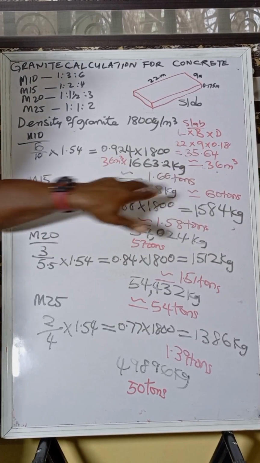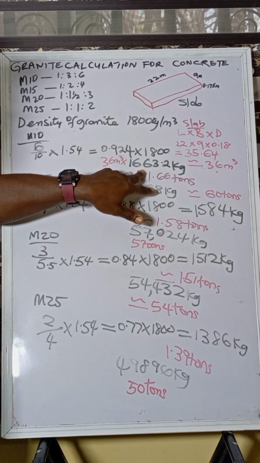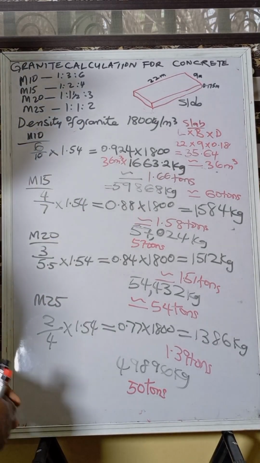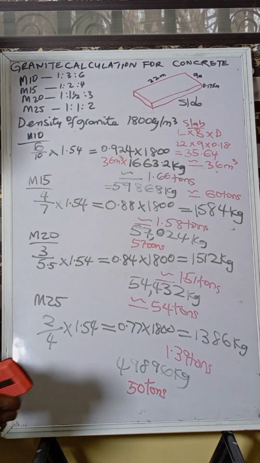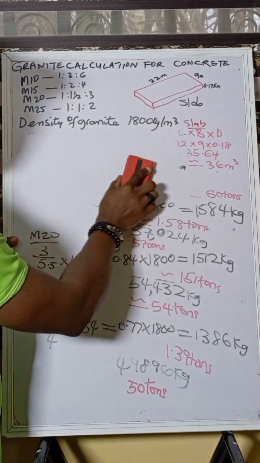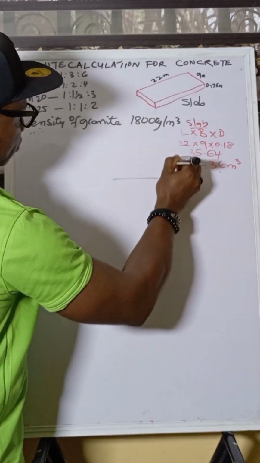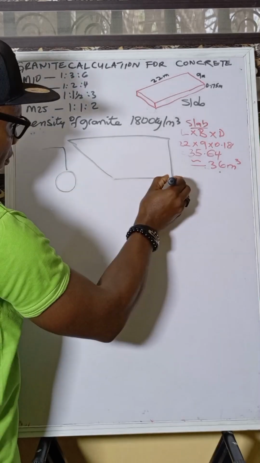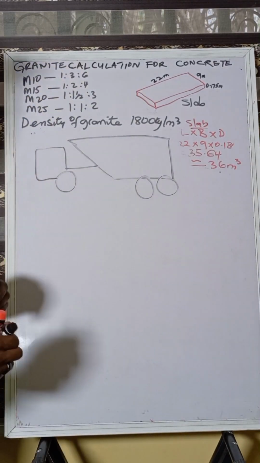You can check our previous video on calculation for sand, on how to calculate the volume of this truck. So the volume of this truck is 19.55 cubic meters. The only thing we are going to do is multiply that volume by the density of granite, which is 1,800 kg per cubic meter.